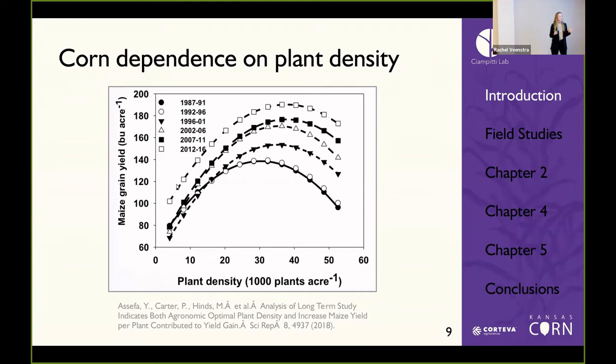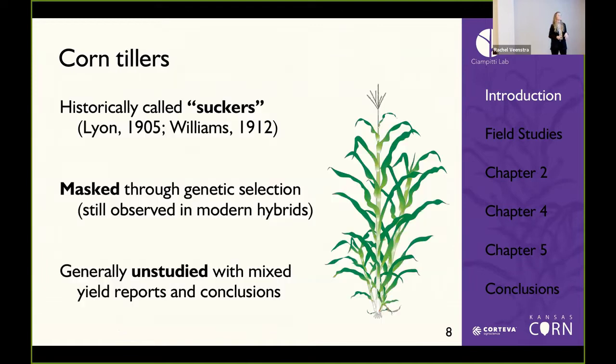And the box across the top is our 2010s varieties. You'll notice that our plateau on this curve moves further and further to the right over time. So we're increasing these plants' need for higher plant populations to reach the yields that we want. So very dependent on that.